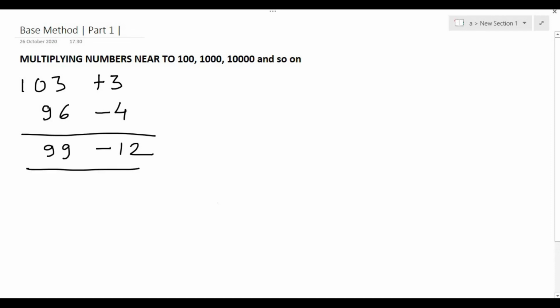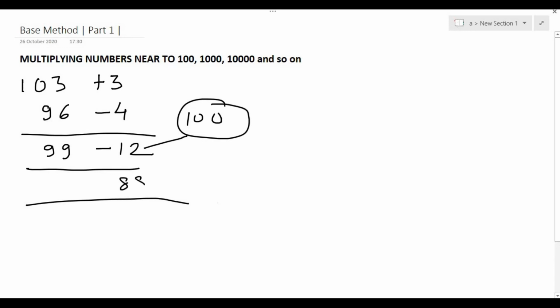And now we'll see that our base is 100, so we'll subtract 12 from 100, so we'll get 88 here, and we'll just subtract 1 from the number we have on our left-hand side, that is 99. So 9888 is the final answer to 103 into 96.